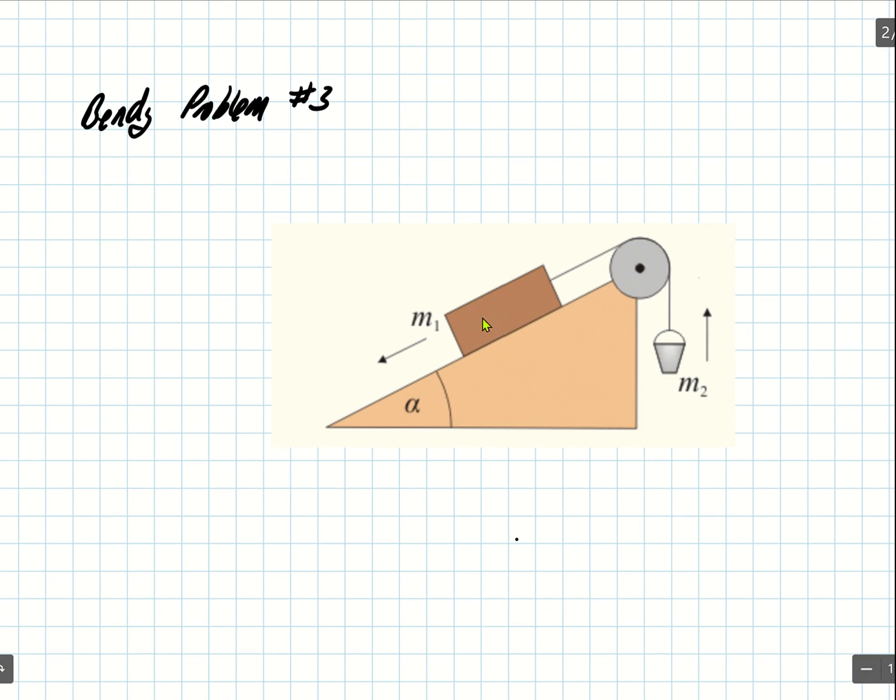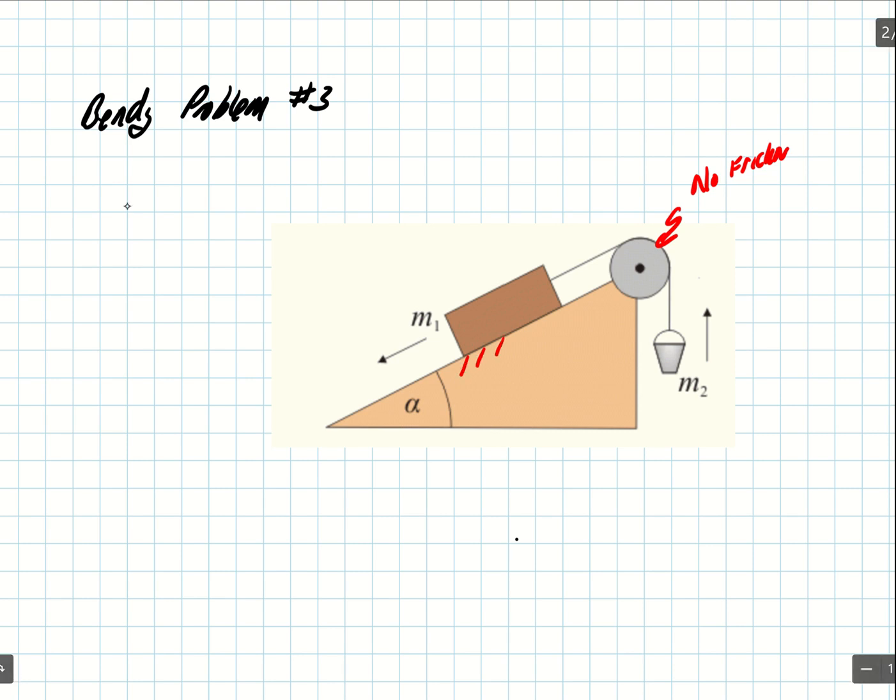In this problem, again, we have our connected objects. In a bendy connected object problem, there's always going to be a pulley. And we're going to assume this pulley always has no friction. So I'll just write it one more time. Or you can say negligible friction if you don't like magic pulleys. The string is always going to be lightweight.